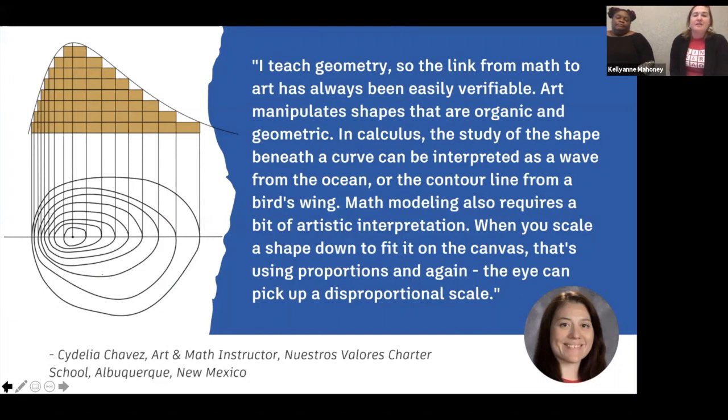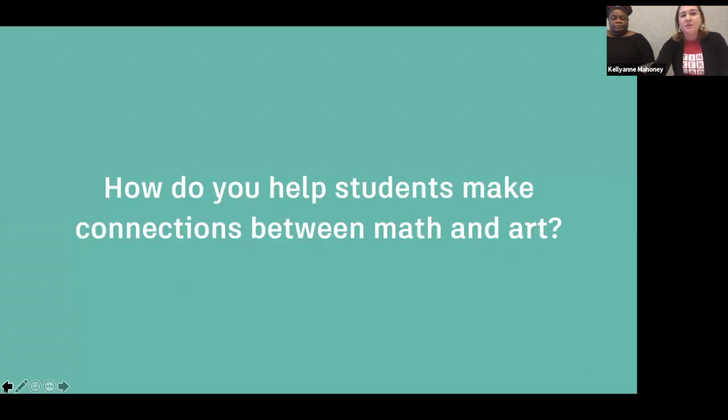She was saying that it could make you think of a bird's wing or the ocean. So even thinking about that concept of biomimicry is something that's common in both. Studying nature and creating products and artworks that are inspired by nature is also something that's common in math too.